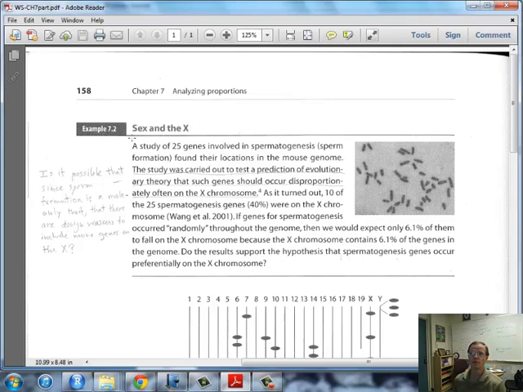A study of 25 genes involved in spermatogenesis found their locations in the mouse genome, and you can read the whole thing. I would like to just point out as we pass by here that they say it's testing a prediction of evolutionary theory that genes should occur disproportionately often on the X chromosome. That's interesting because according to evolution, I would predict pure randomness, and I would predict them to have the same proportions.